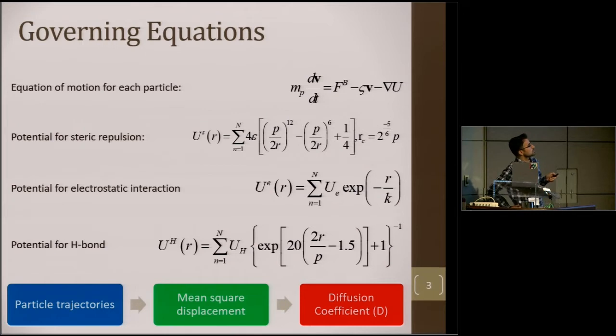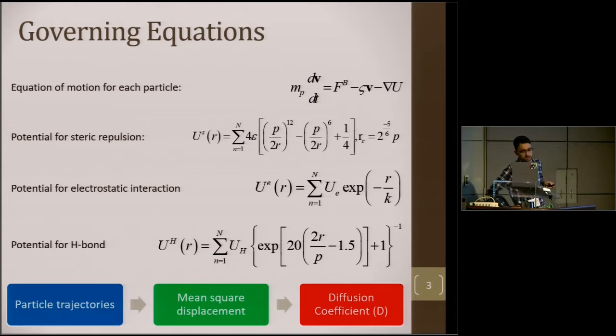For a steric repulsion, we use the famous Lennard-Jones potential. Here, epsilon is the base energy, P is the sum of particle and polymer diameters, and D and R is the distance between particle and polymer chain. And there is a cutoff value for this Lennard-Jones potential. We used a generic exponential function for electrostatic interaction.